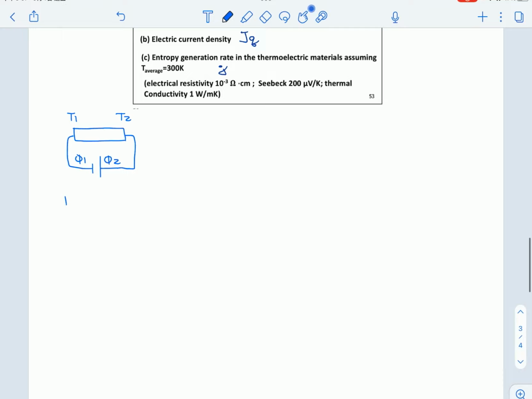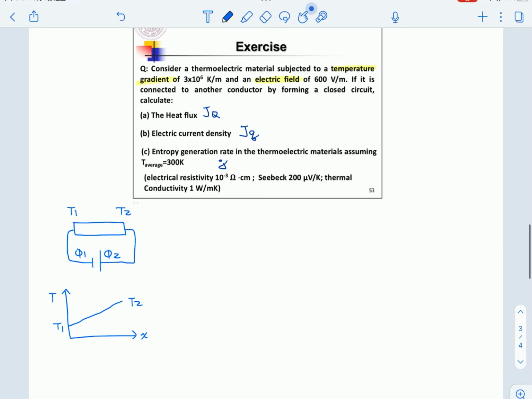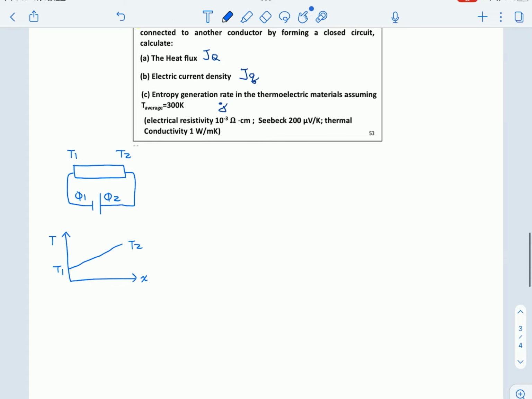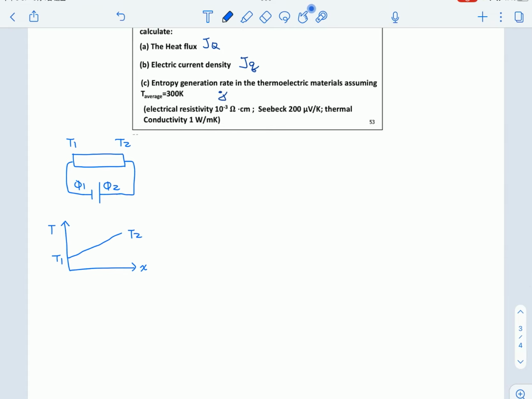So let us plot the temperature as a function of location here. So this is T. We assume T2 is higher than T1, so T2 is the high temperature. Okay, so we assume T2 is larger than T1.